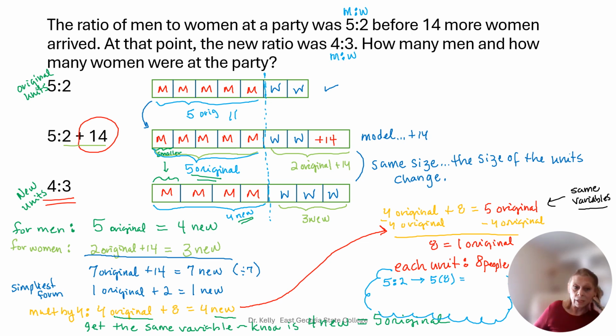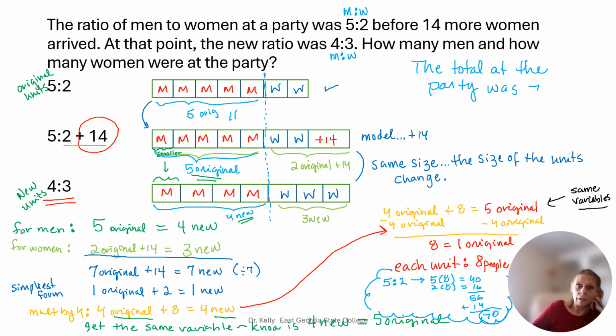So 5 times 8 men, which is 40. And 2 times 8 women, which was 16. That gave us 56. Plus our additional 14 women gives us 70. So up here I'll say the total at the party was 70 people.